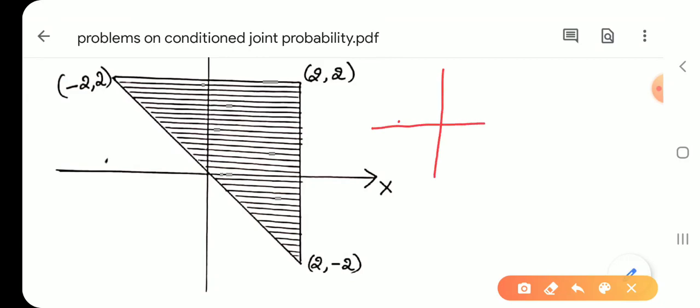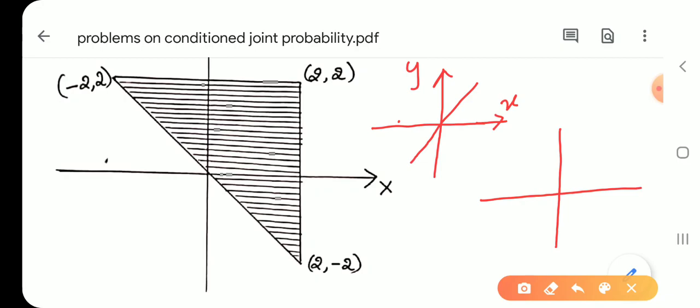So let us take a Cartesian coordinate system. You have already learned this line, which passes through the origin and lies in the first and third quadrant, given by y is equal to x.